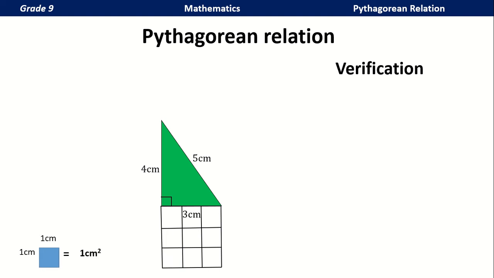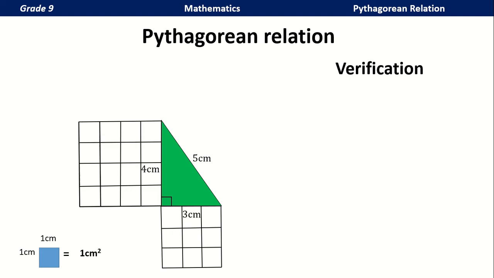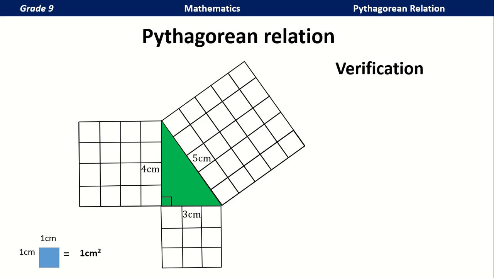Do the same on the 4 centimeter side and have a grid, and you will receive a grid with 16 small squares with 1 square centimeter area. Follow the same thing on the hypotenuse and have a grid with 25 squares with area 1 square centimeter.